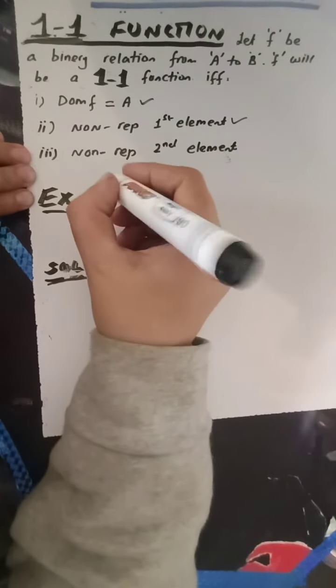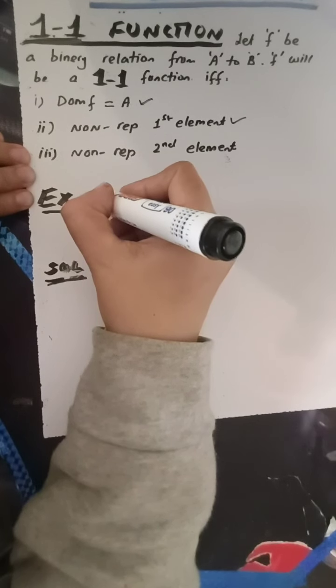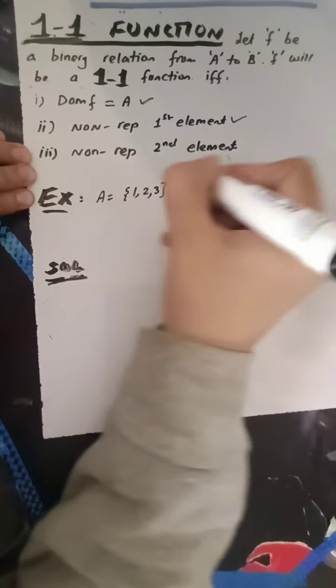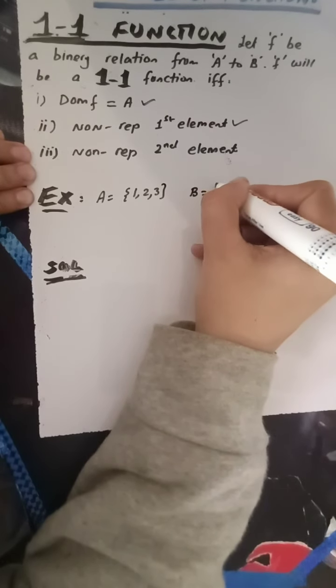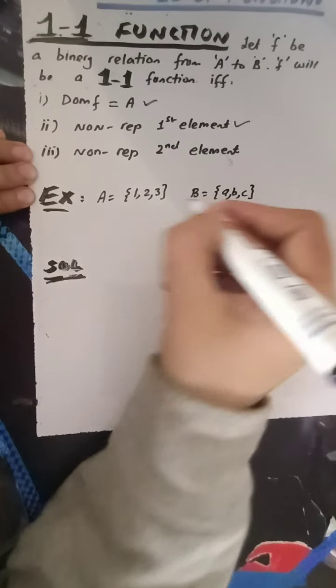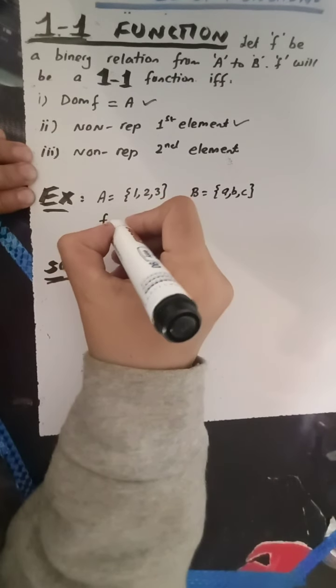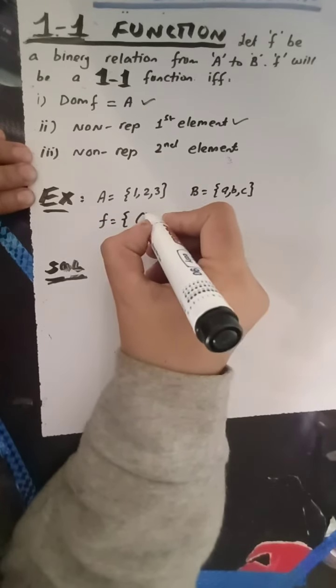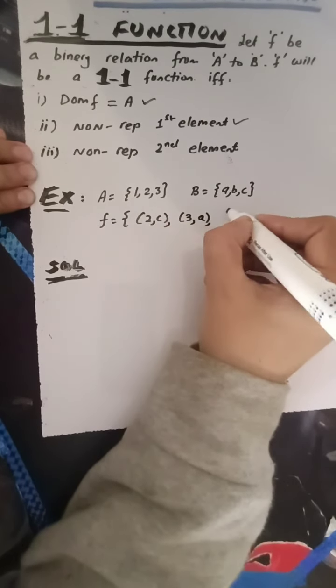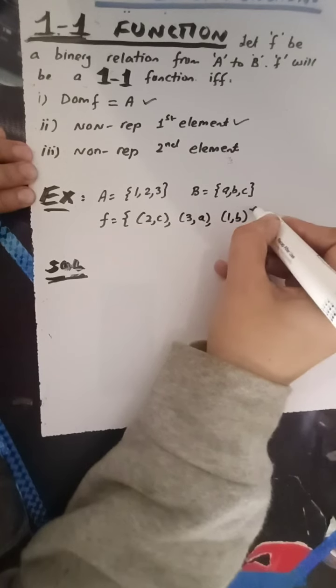For example, let us take a set A = {1, 2, 3}, and B is {a, b, c}. Suppose we have a binary relation f = {(2, c), (3, a), (1, b)}.